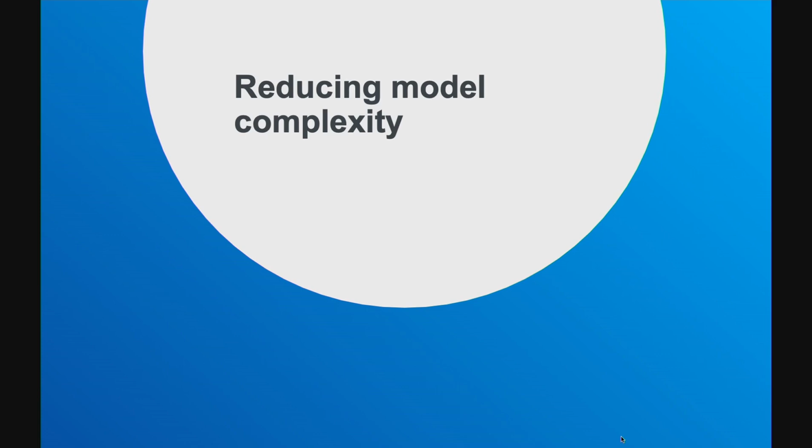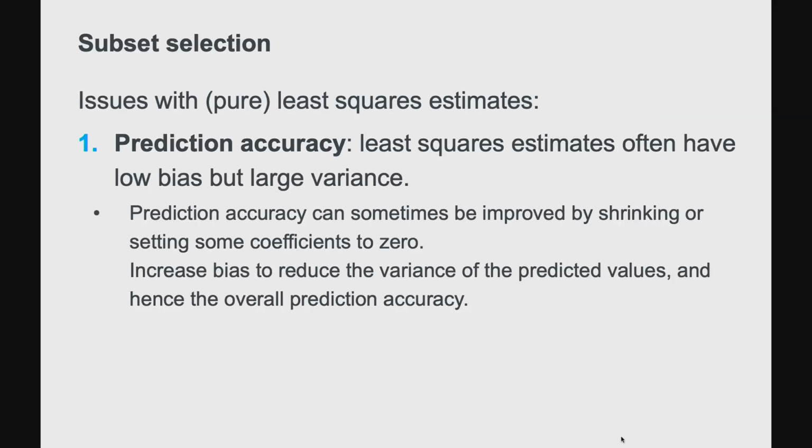So, how can we reduce or limit model complexity? Well, one simple thing is, when we do least square estimates, we often get a low bias but a large variance.